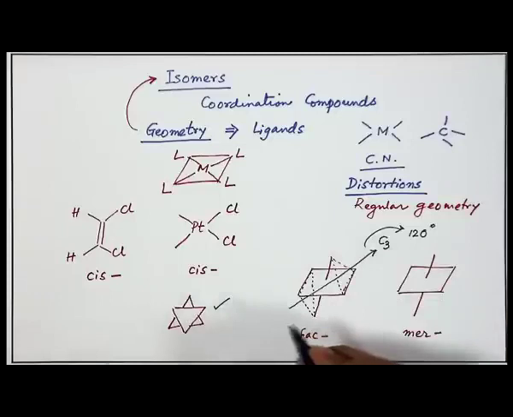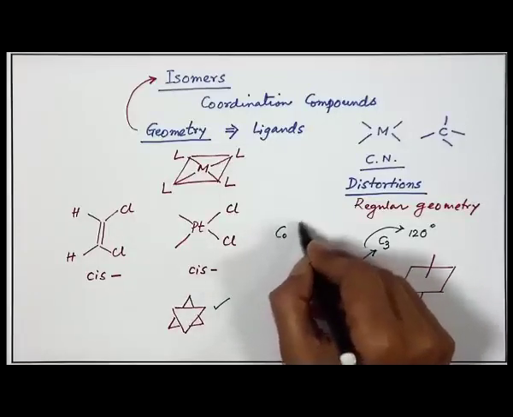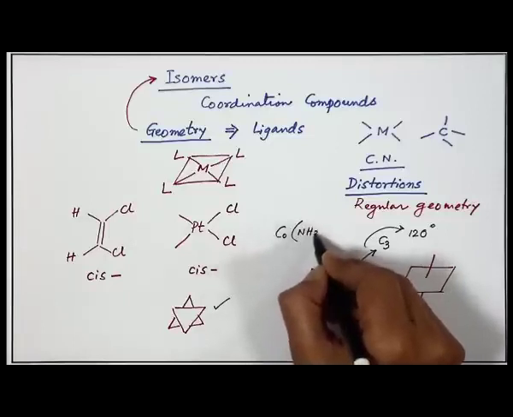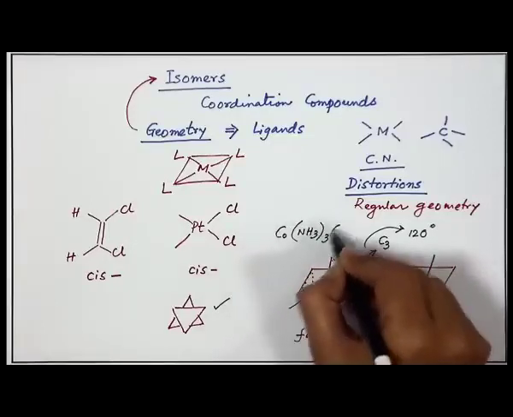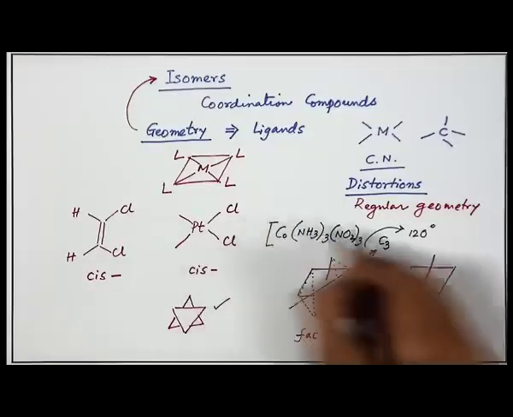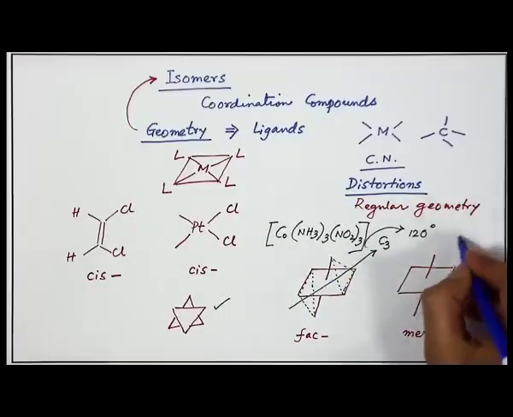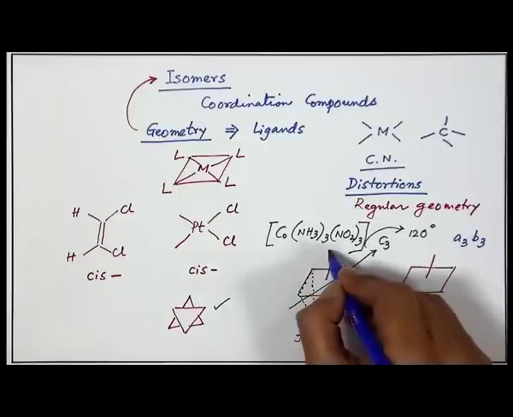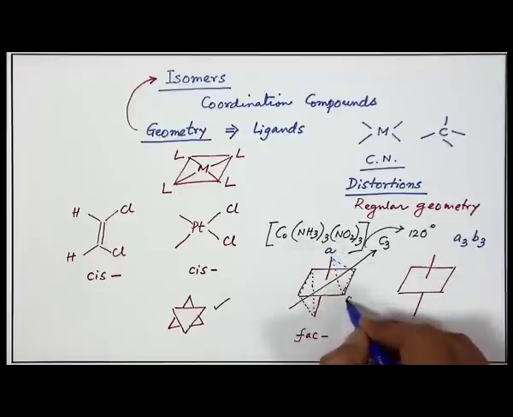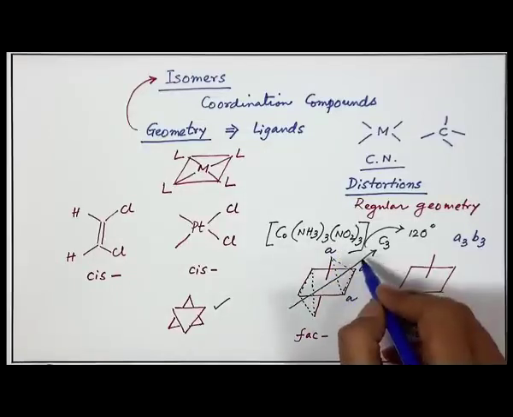If we look at the compound we are talking about, cobalt bound to 3 ammonia and 3 nitrite groups, the type is definitely A3B3. So we put A, A, A on one face, because facial is related to the facial arrangement of the similar type of ligand.